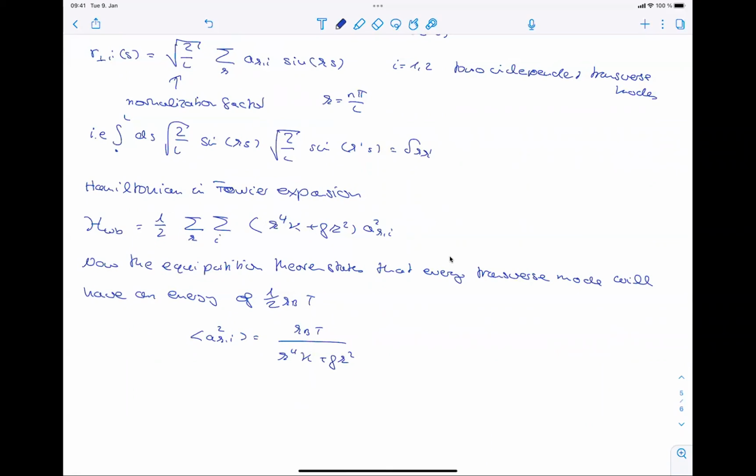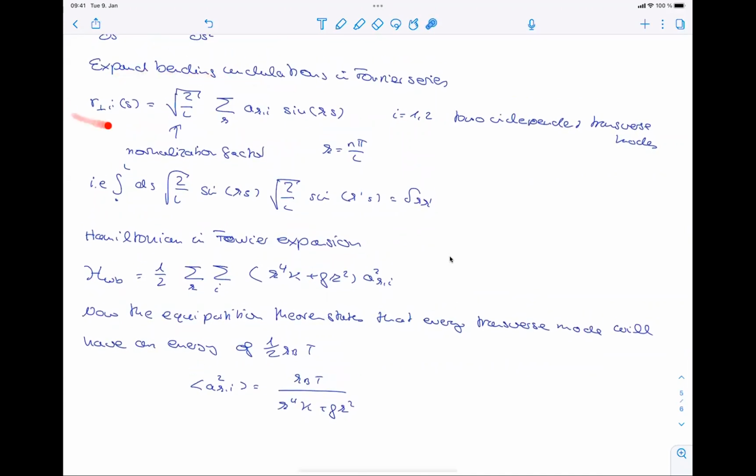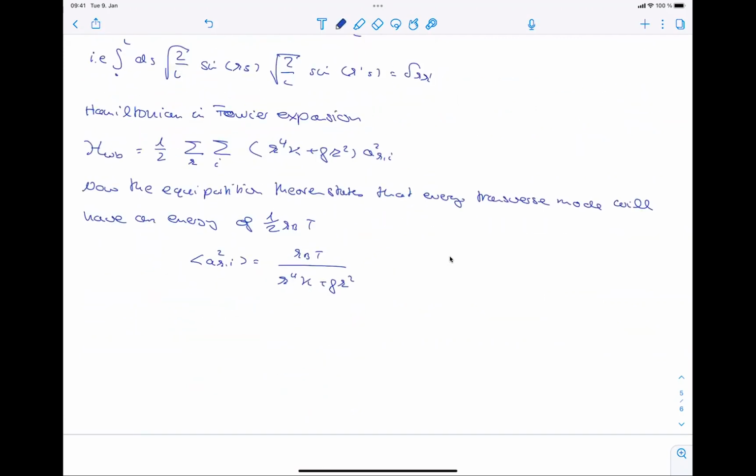And now we can put this back in our Fourier expansion to calculate the square of the undulations in real space. This is for now at f equals 0. We would have 2 over L, the normalization factor, sum over k's, each being kBT over k to the 4 kappa.